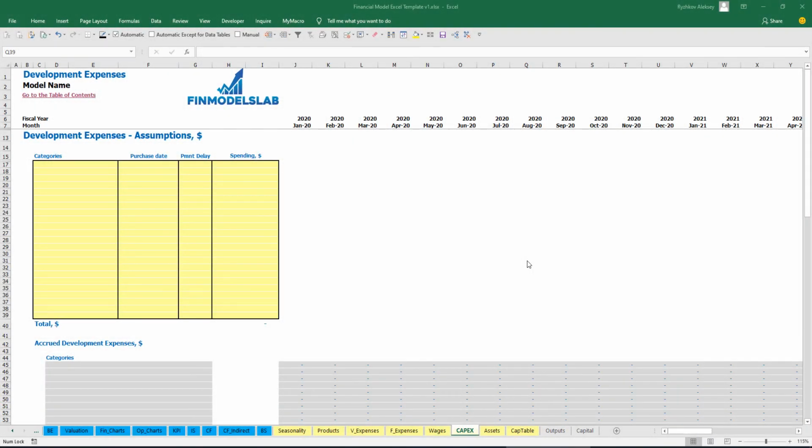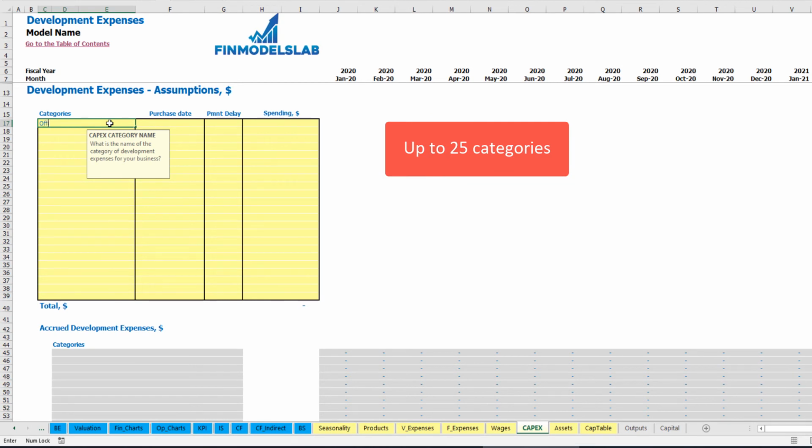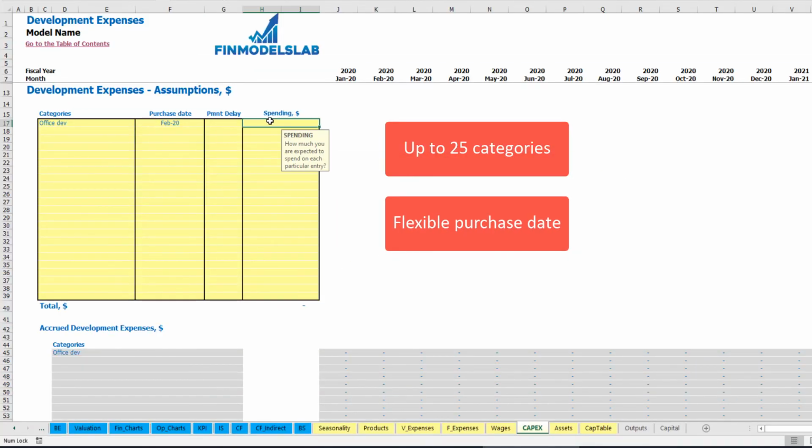On the CAPEX tab you may input up to 20 development expenses categories. Let me give you a couple of examples. So for example office development with purchase date of February 20 with spending of $10,000, and you also can input payment delay.